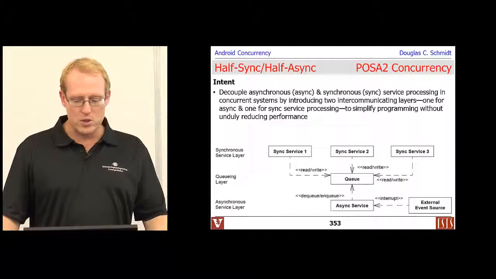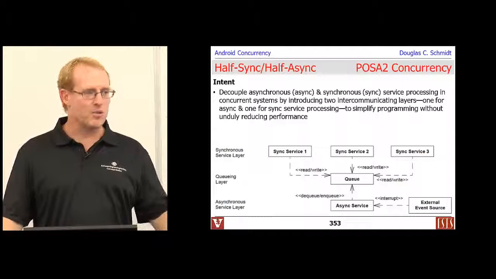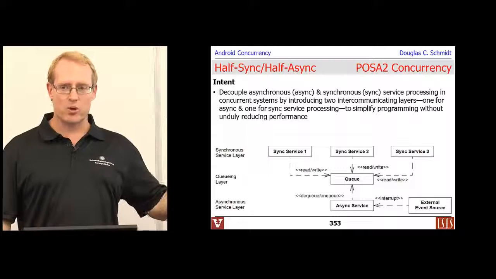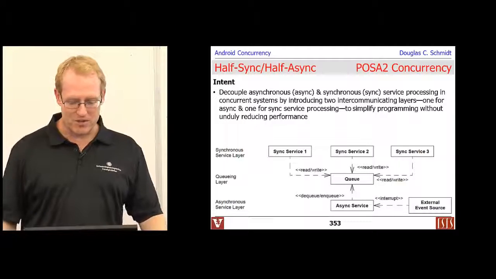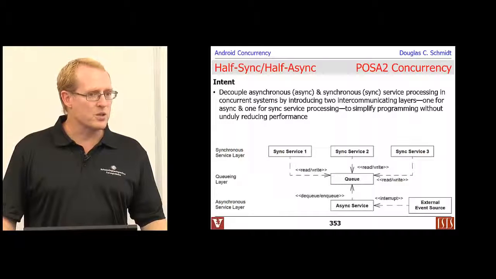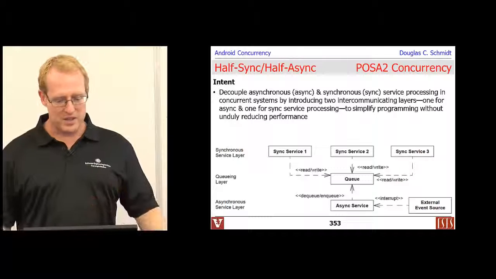It's a POSA 2 concurrency pattern. The intent of this pattern is to decouple the asynchronous, or async, portions of the software from the synchronous, or sync, portions of the software by introducing two intercommunicating layers, the async part and the sync part.